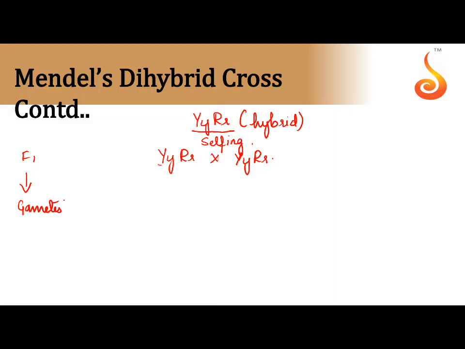You have 4 of them being present: capital Y, capital R is the first one, then capital Y with small r, then small y with capital R, and small y with small r. The same set of gametes you will be receiving here also.